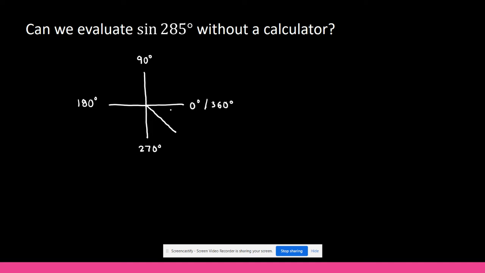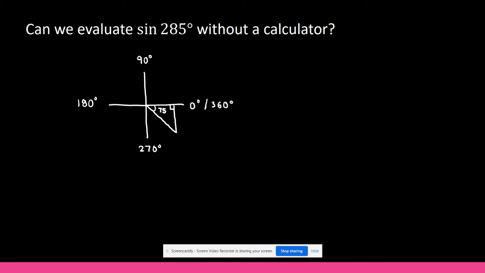And so once again, we're going to sketch a right triangle by drawing a side perpendicular to the x-axis. If I want to know what that reference angle is, I know that this little angle is going to be 360 minus 285, and that turns out to be a 75-degree reference angle.